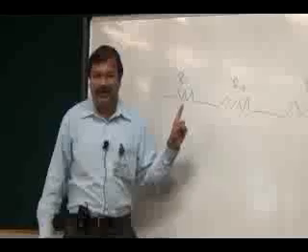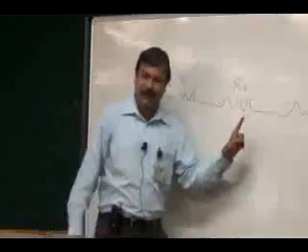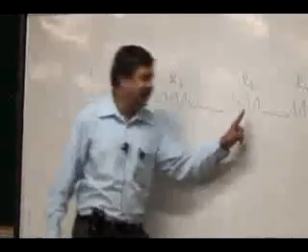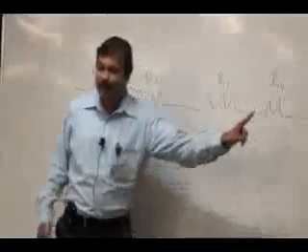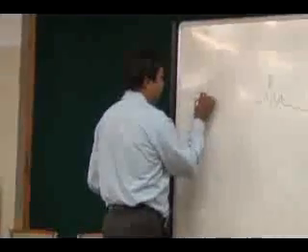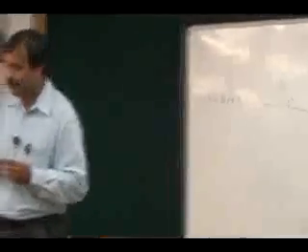In series connection, at the end of resistance 1, you connect resistance 2. At the end of resistance 2, connect resistance 3. At the end of resistance 3, you connect resistance 4. This type of connection is called series connection.